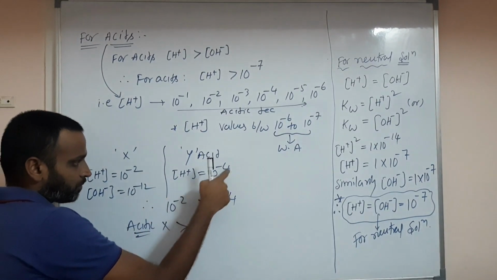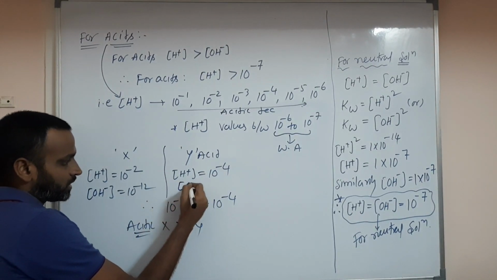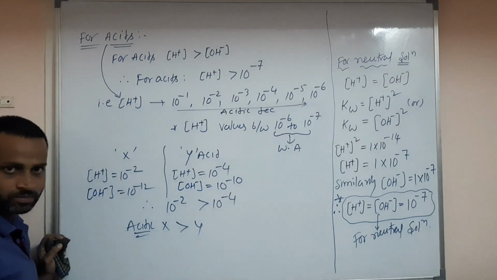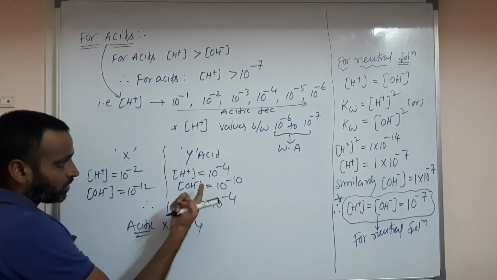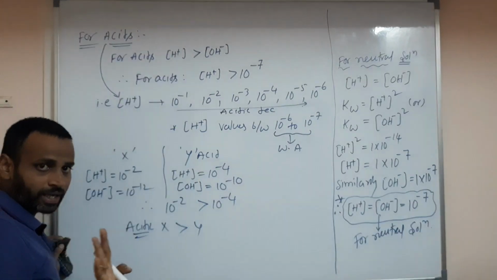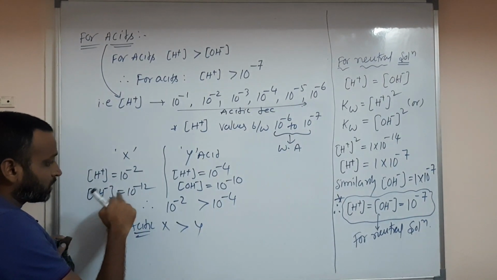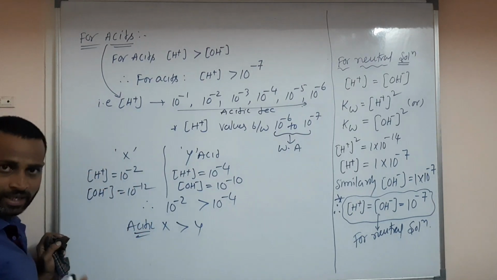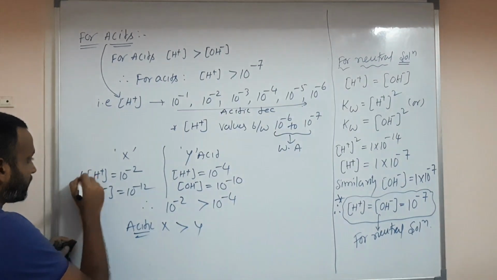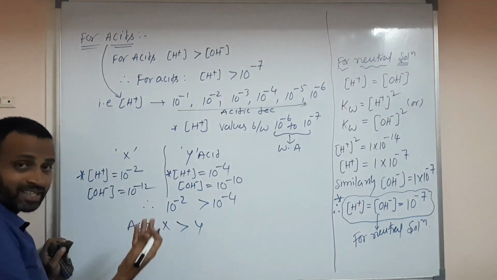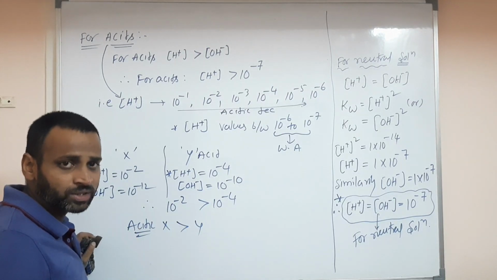Here H plus is 10 power minus 4, so the OH minus concentration will be 10 power minus 10. So OH minus concentration is more for a weak acid and less for a strong acid. Any confusion? No confusion. That's why it is better to follow only H plus concentration. Certainly you can write the OH minus concentration easily.